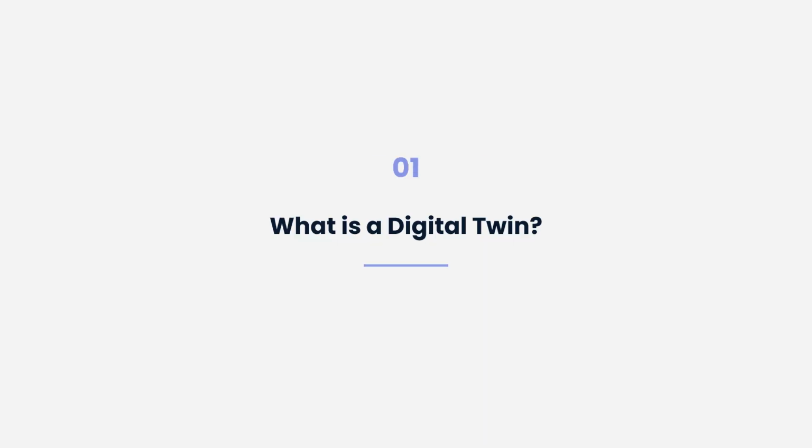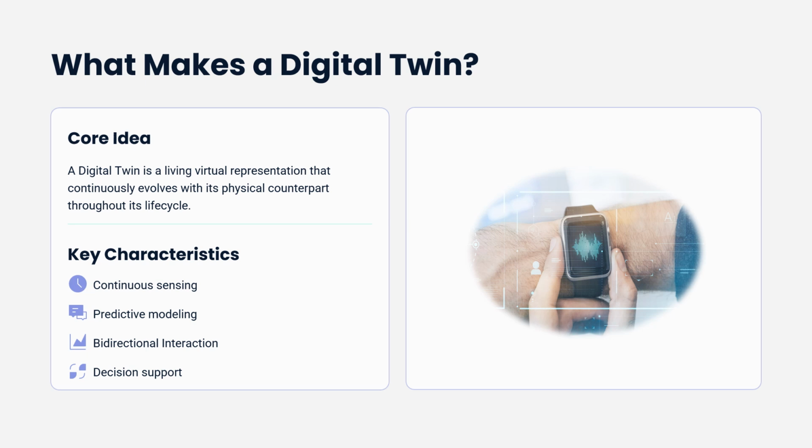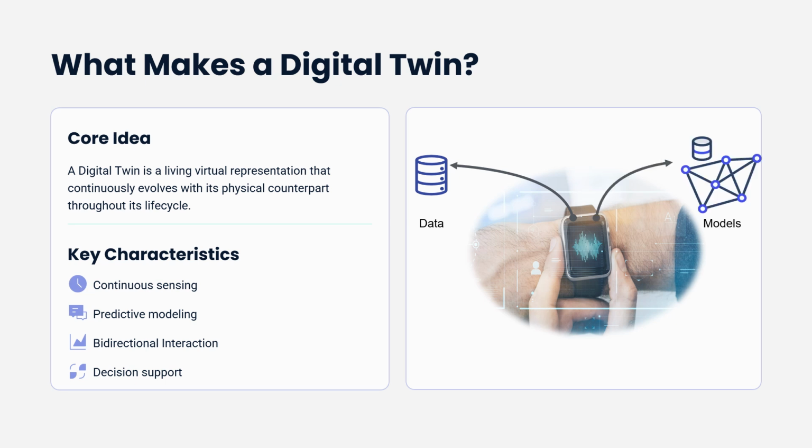What is a digital twin? We already interact with this concept more often than we realize. Think about a smartwatch. It continuously measures your heart rate, your activity, and your sleep. Those data are combined with computational models. As new data arrives, the model updates.